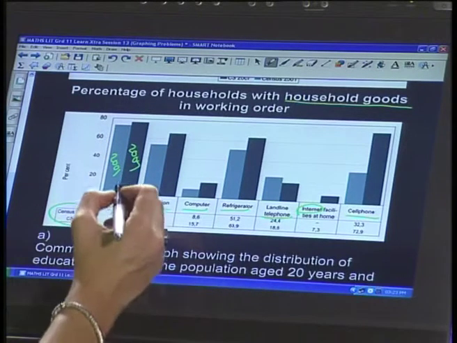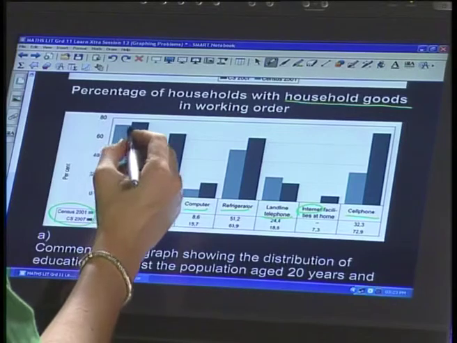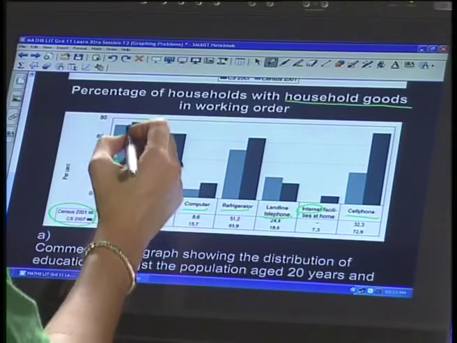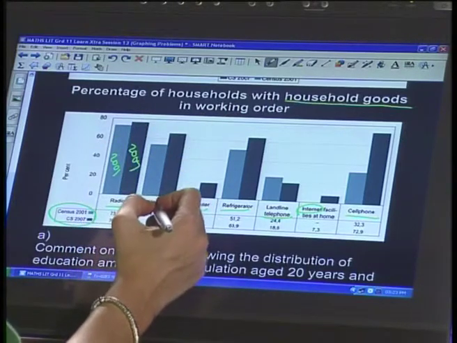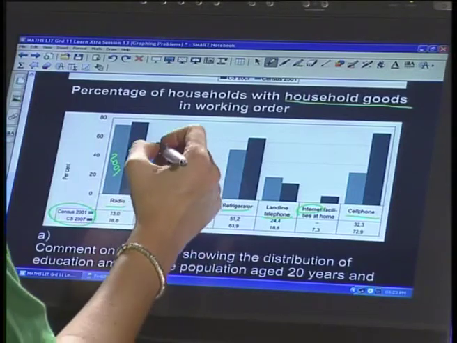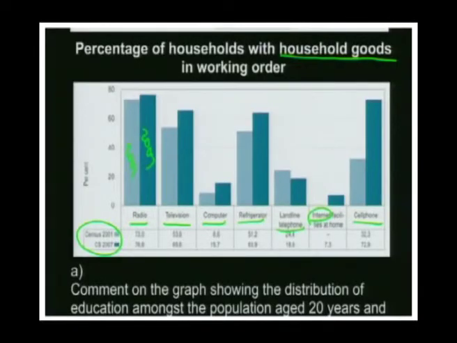And as you can see, in most cases, the people with the radio has gone up. The amount of televisions in homes have gone up. Computers up, refrigerators up, landline telephones, now this is an interesting one, it's gone down. But I think we can notice that it's gone down because the amount of cell phones has gone up substantially. Let's have a look at the questions.